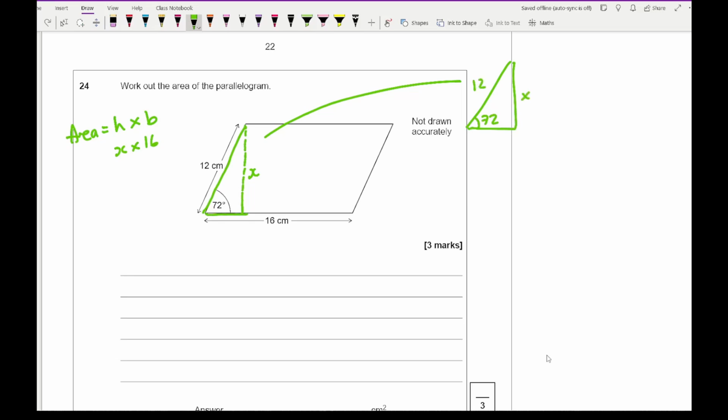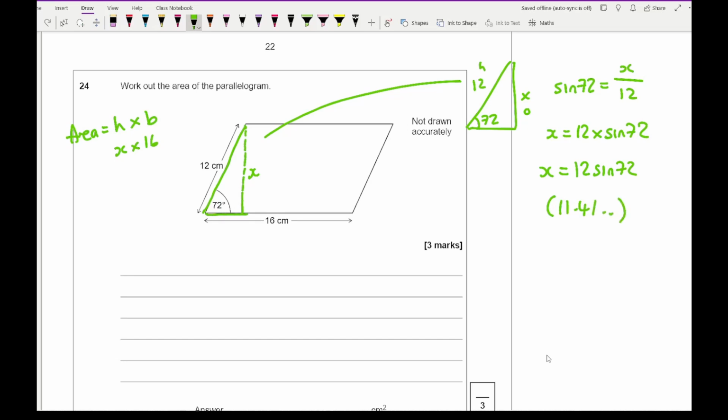So I'm going to be using, that's the opposite, that's the hypotenuse, so I'm going to be using sine. Sine 72 equals x over 12, so x equals 12 times sine 72. I'm just going to leave it as 12 sine 72, but if you want to work out what it is as a decimal, we get sine 72, we get 11.41.